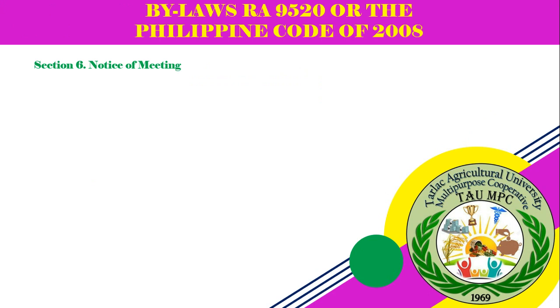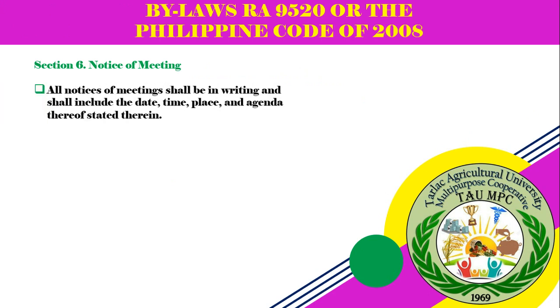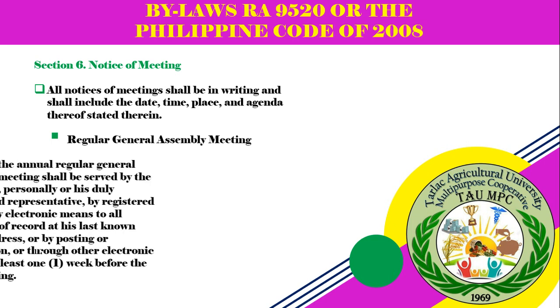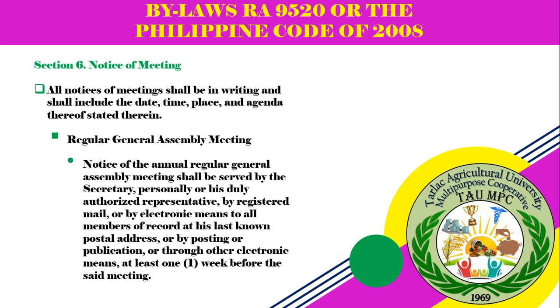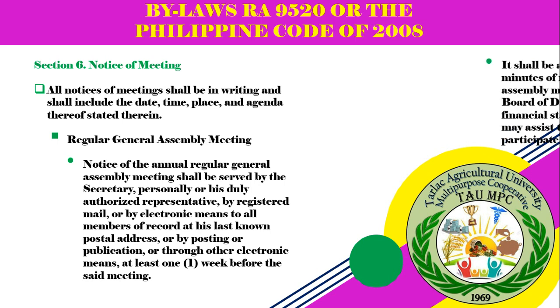Section 6. Notice of Meeting. All notices of meetings shall be in writing and shall include the date, time, place, and agenda thereof stated therein. Regular General Assembly Meeting. Notice of the annual regular General Assembly meeting shall be served by the Secretary personally or his duly authorized representative, by registered mail or by electronic means to all members of record at his last known postal address, or by posting or publication or through other electronic means, at least 1 week before the said meeting.